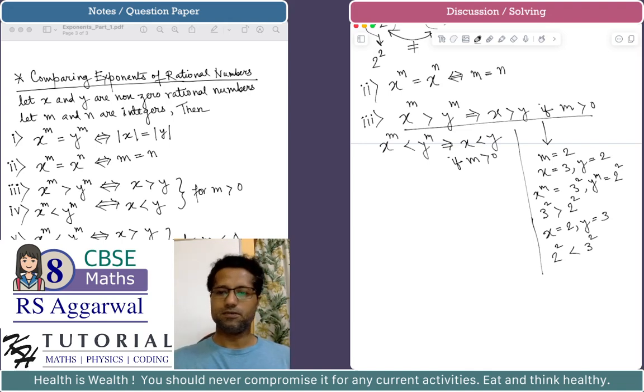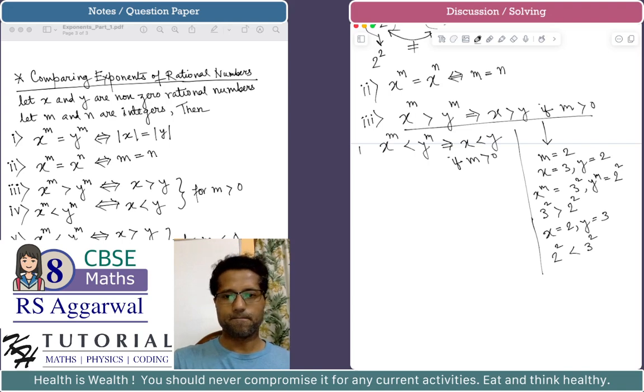So if you raise two bases to the same positive integer power, and one base is smaller and one base is greater, then the smaller base raised to the power will obviously be smaller than the greater base raised to the same power. Okay. So this was 2 and this was 3.